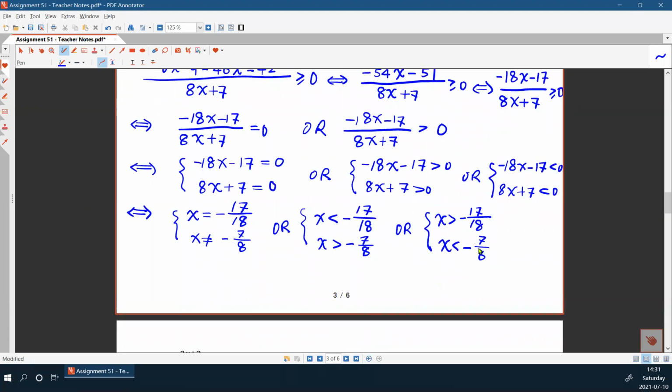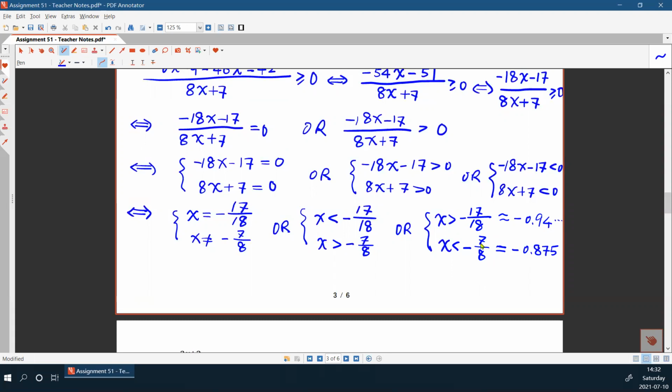Okay, now we need to consider the two numbers here, minus 17 over 18 or minus 7 over 8, which is larger? First of all, minus 17 over 18 is about minus 0.94 something, and minus 7 over 8 is exactly minus 0.875. So which one is larger?